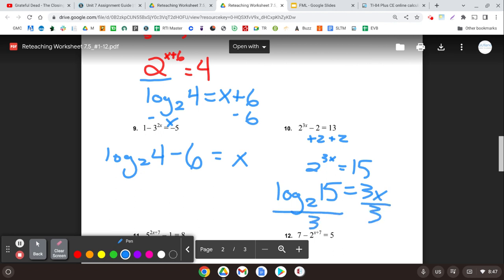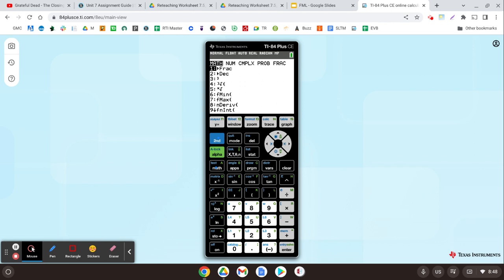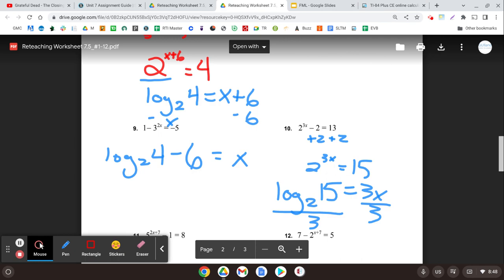Log base 2 of 15 divided by 3. That's 1.30. Okay, you can always check your answer by plugging it in.